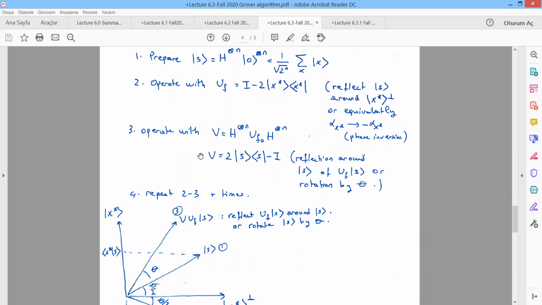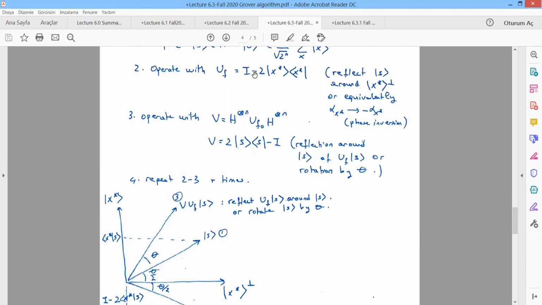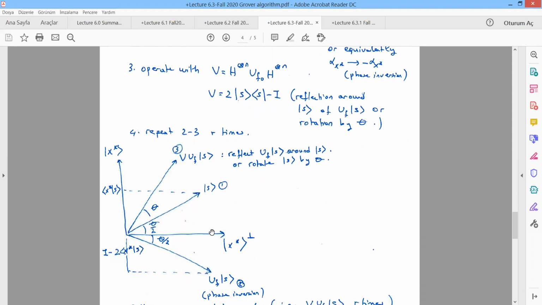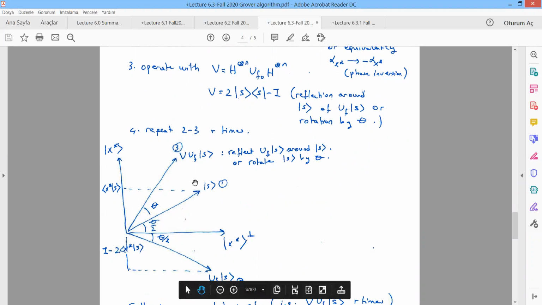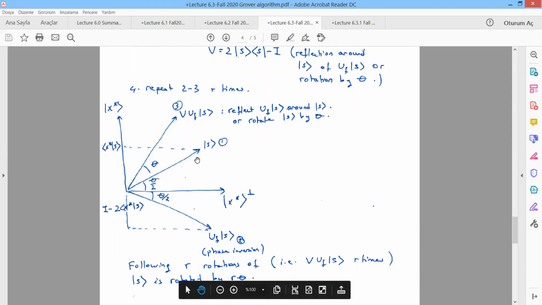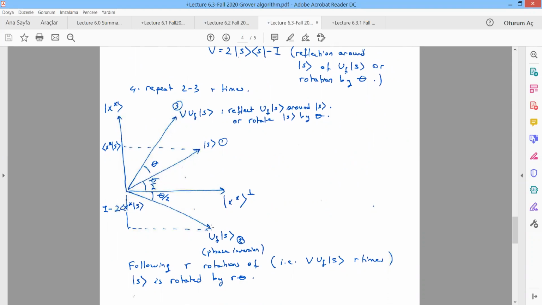U_f was this operation. It reflects around |x*⊥⟩, because effectively what we are doing is phase inversion of the |x*⟩ component.